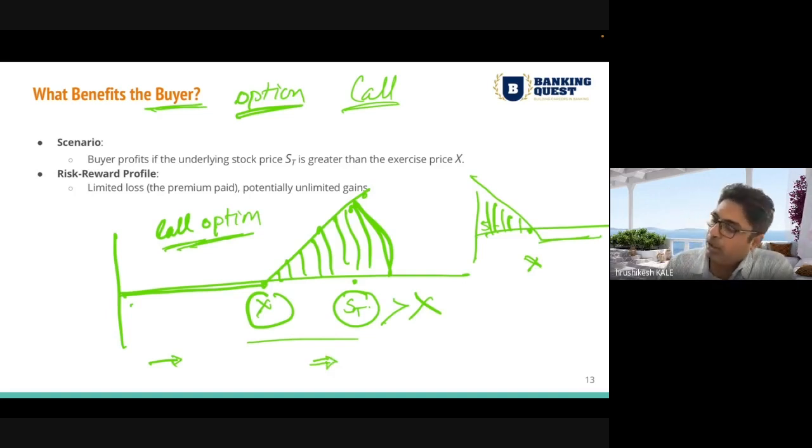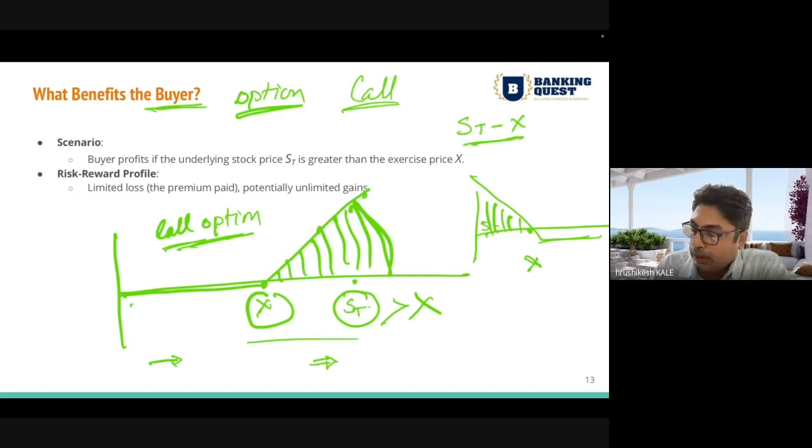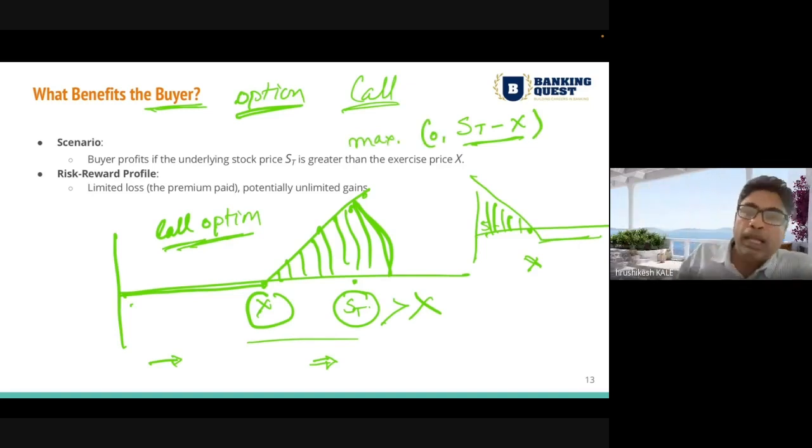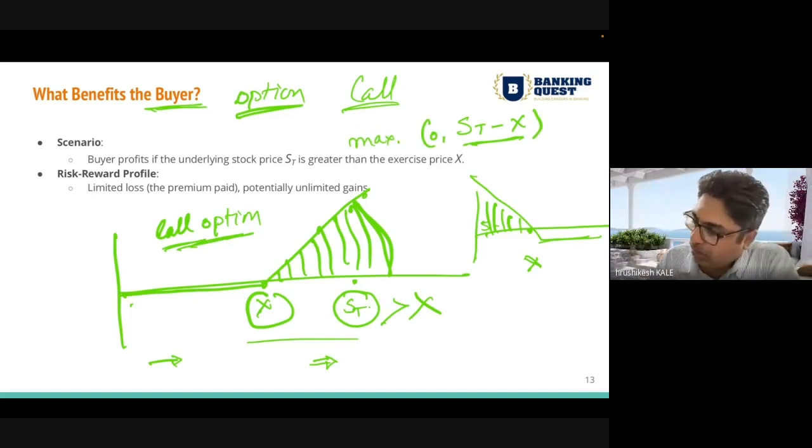In a call option, your profit is calculated as ST minus X. But ST can sometimes be less than X, so I will just say max of 0 comma ST minus X. And this is nothing but the payoff of a call option.